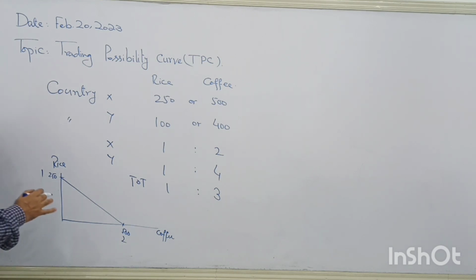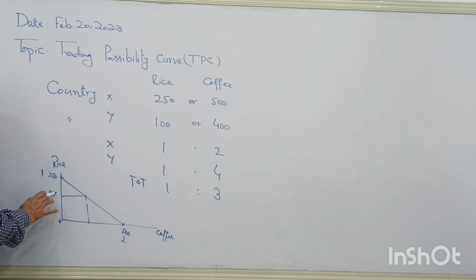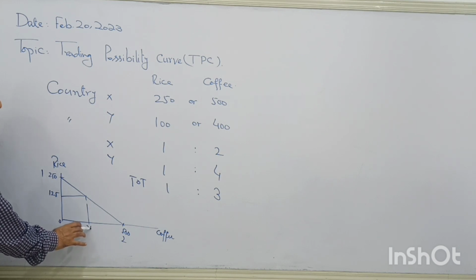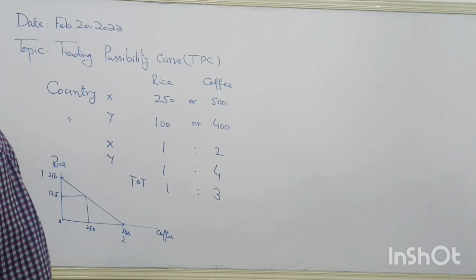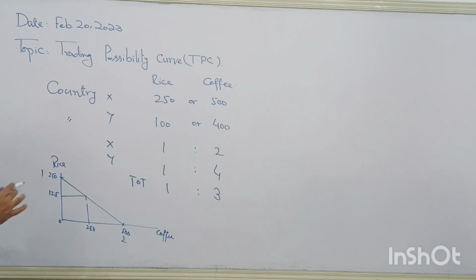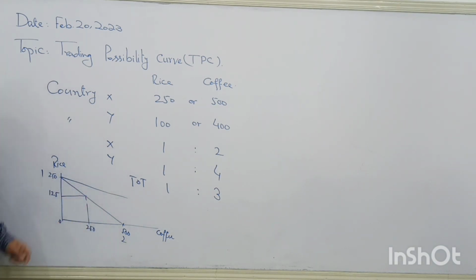For example, listen over here. If half of the resources were applied to each good, this is half production of rice and half production of coffee. But a country will remain along its PPC and cannot consume and produce above the PPC. Now this is the trading possibility curve. It starts from here.